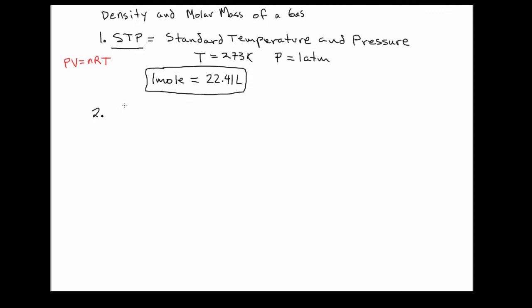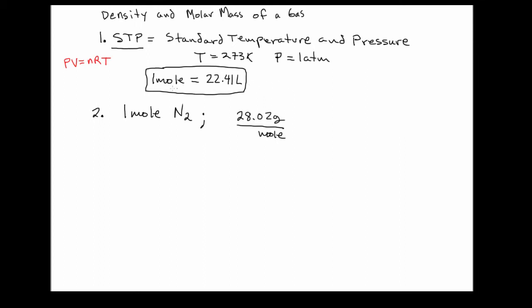So let's say that we have exactly 1 mole of nitrogen gas. If we have exactly 1 mole of nitrogen gas, we can determine its molar mass easily, because 1 mole of N2 will give us a molar mass of about 28.02 grams per mole.